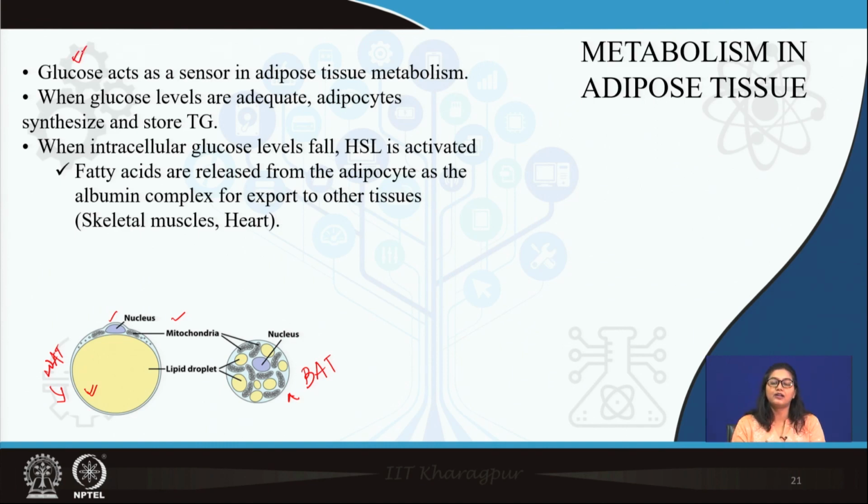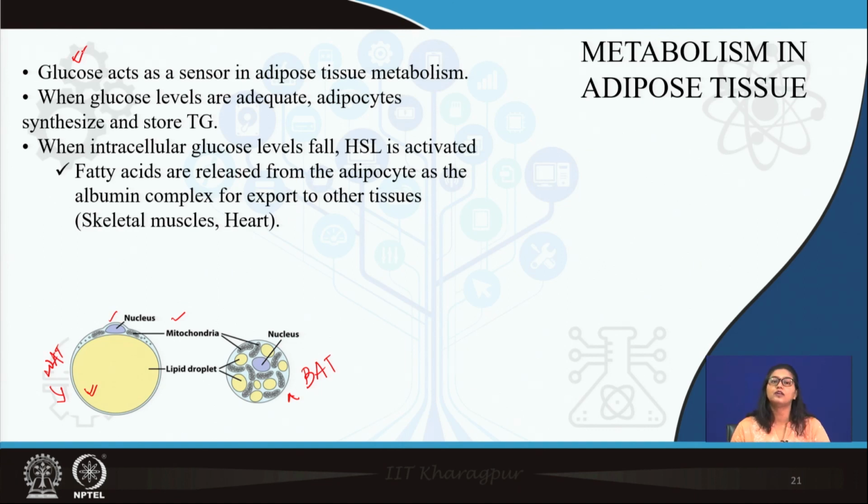Basically the metabolic pattern of adipose tissue depends on the blood glucose level. When there is high blood glucose level, adipocytes act as a storage organ. So what happens? The triglycerides are stored or synthesized. How? The fatty acids which are supplied to the adipose tissue are utilized for synthesis of triacylglycerol. But once again remember, triacylglycerol synthesis mainly occurs in liver. So whatever triacylglycerol is synthesized in liver is circulated via VLDL to adipose tissue and stored.